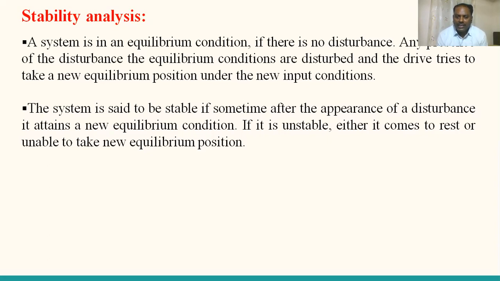A system is known as unstable when, after the commencement of the disturbance, the system comes to rest or is unable to take a new equilibrium position. Either it comes to a stop position, or it is unable to take a new equilibrium condition. That system is known as an unstable system.